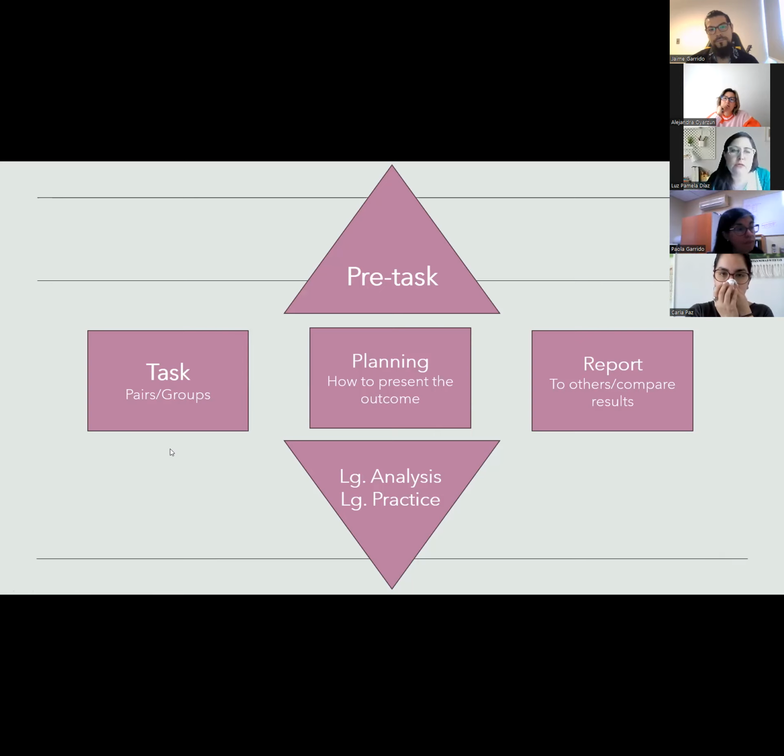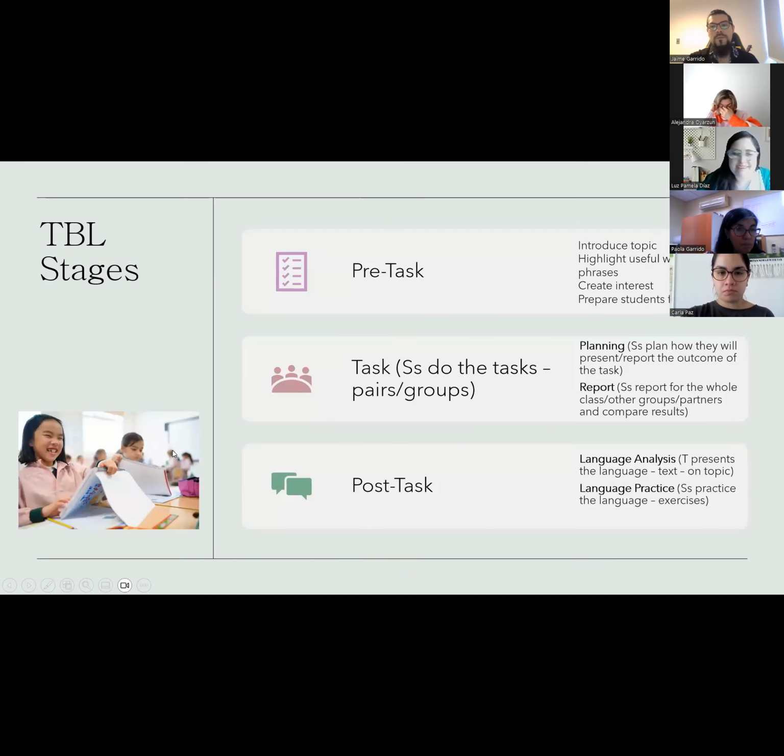Would it be like a more traditional kind of lesson, or would it be in a special kind of way, like a TBL type of way? Well, if you ask me, the moments I have implemented TBL, as I said before, is after I have spent a decent amount of time teaching language, so the students already have some resources in terms of vocabulary and how to do certain things.